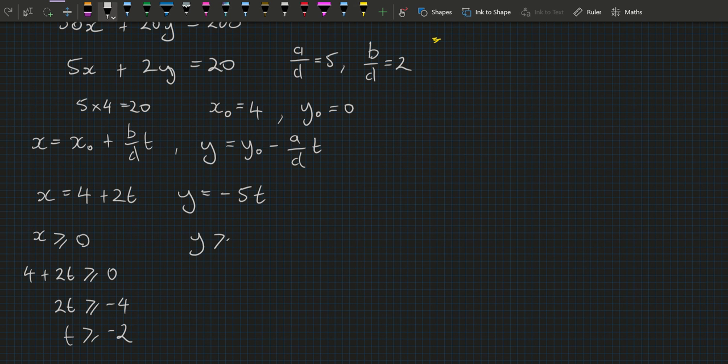Also, y has to be greater than or equal to 0, so minus 5t has to be greater than or equal to 0. And don't forget, if I divide by a negative, it flips around, okay? So t has to be less than or equal to 0. So minus 2 is less than or equal to my t value, which is also less than or equal to 0.